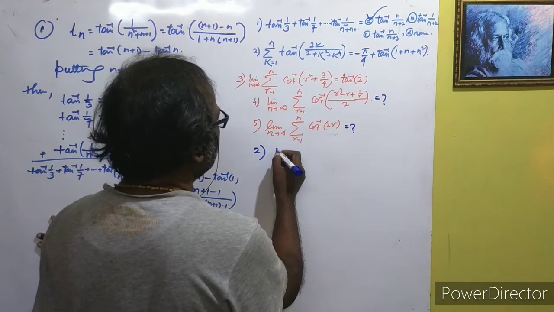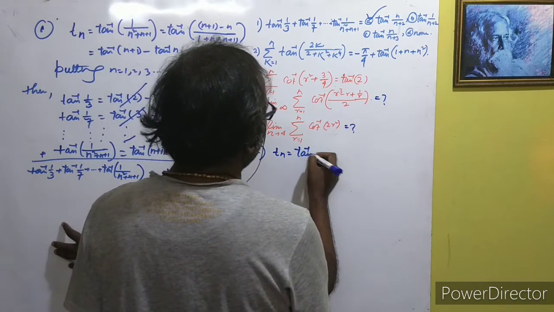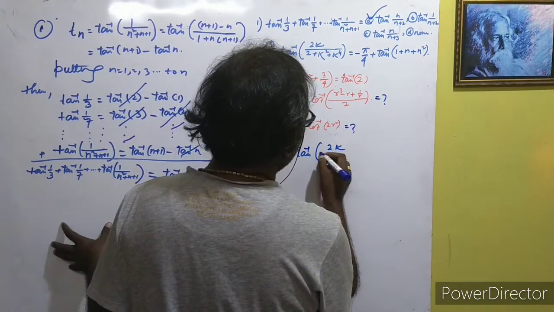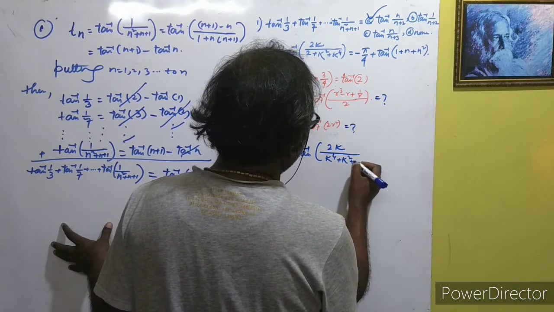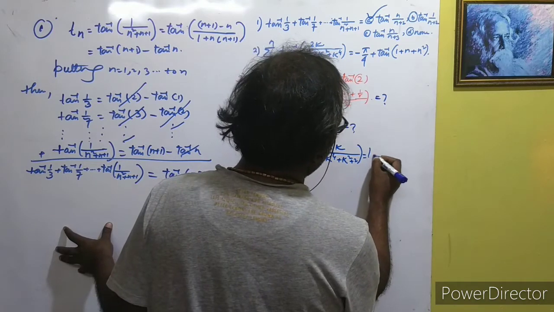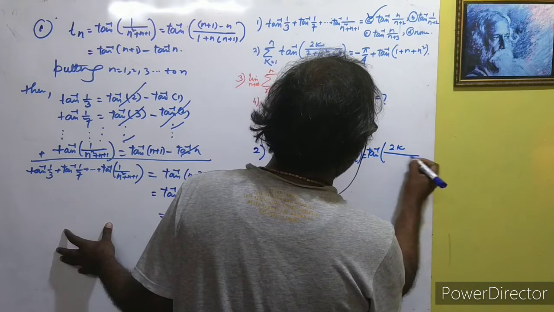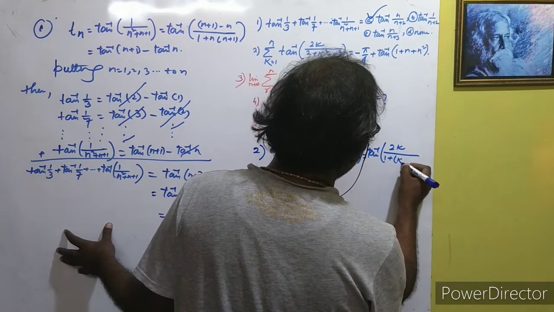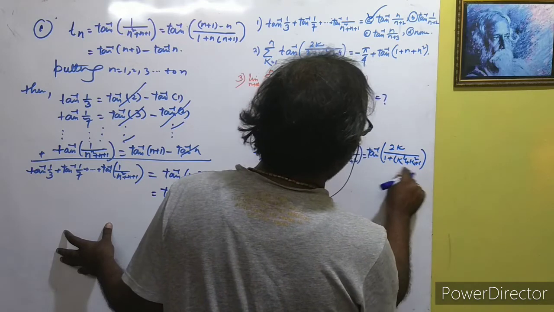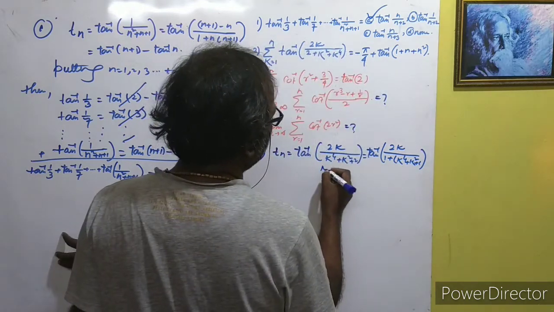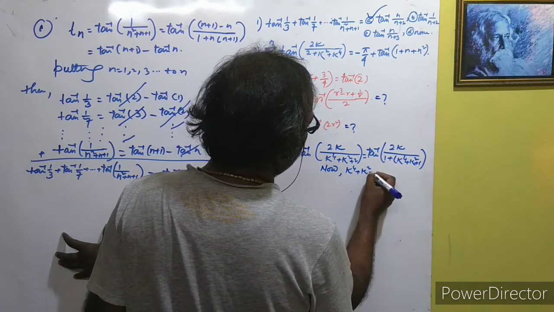Now let us assume this is Tn, tan inverse of 2k by k to the power 4 plus k square plus 2, and this can be written as tan inverse of 2k by 1 plus k to the power 4 plus k square plus 1.